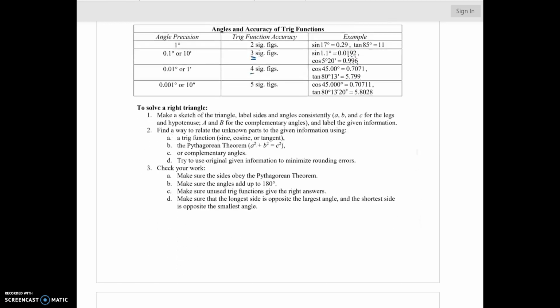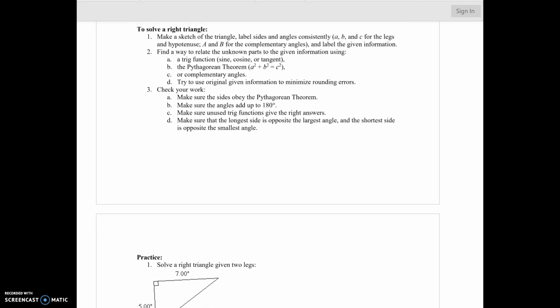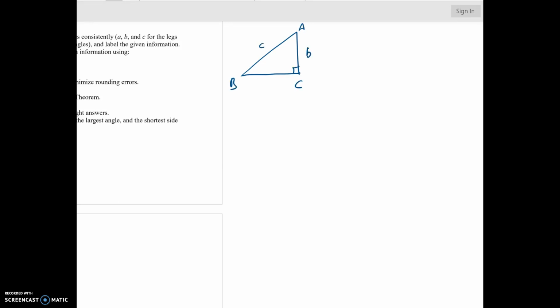Now, let's try to solve a right triangle. So I have a right triangle, and let me write this right here. I got a right triangle with vertices A, B, and C and sides a, b, and c. And I want to look at the value of tangent 84.5 degrees and tangent 85.5 degrees.